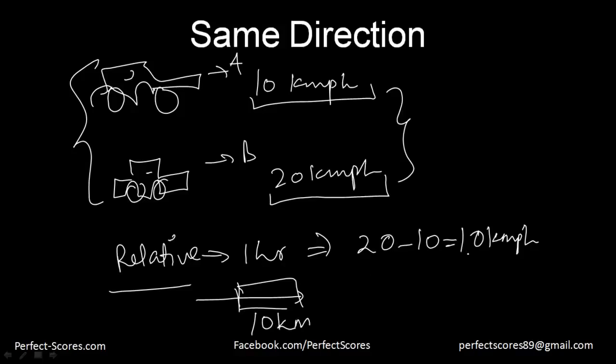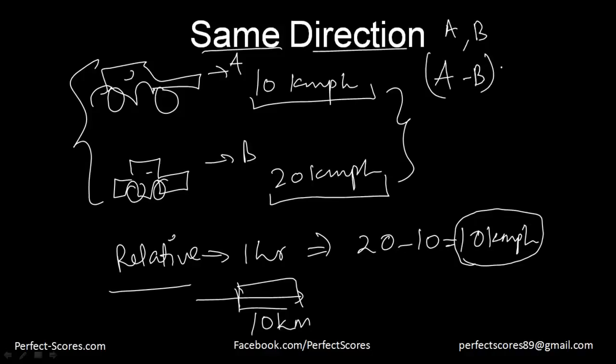So whenever two objects travel in the same direction, if the speed of one object is A and the speed of another object is B, the overall relative speed is A minus B kilometers per hour. The speeds get deducted.